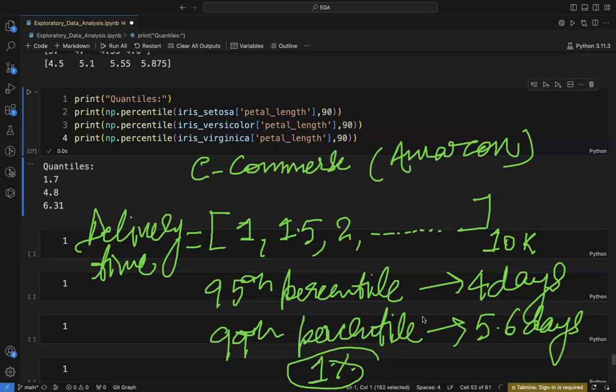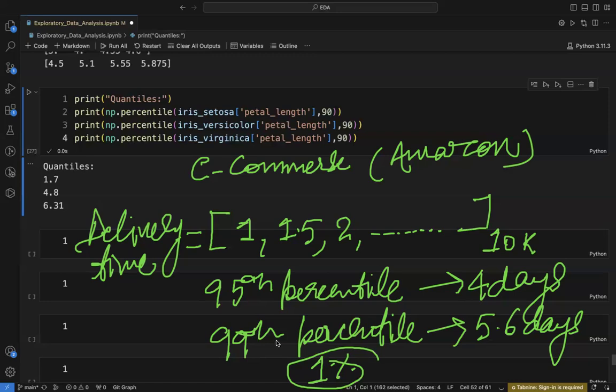So a single number like the 95th percentile or the 99th percentile would be extremely important in such cases. It's a single number that will help you very well in understanding whether your customers are happy or not. A lot of times people use percentiles instead of standard deviations and things like that.